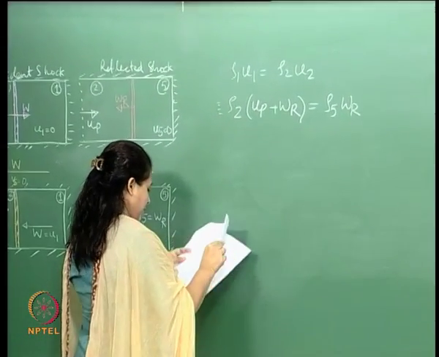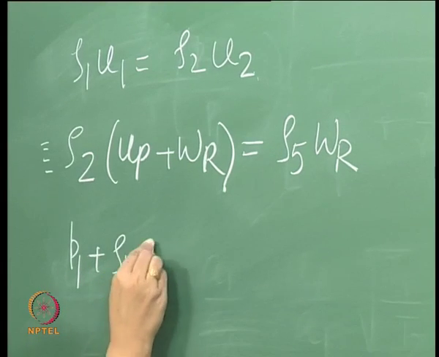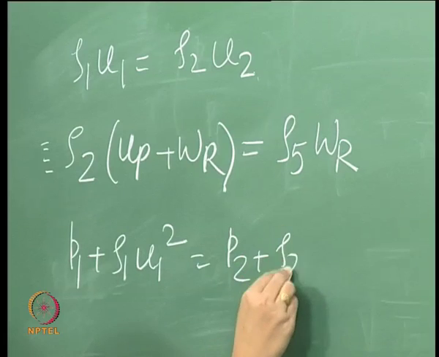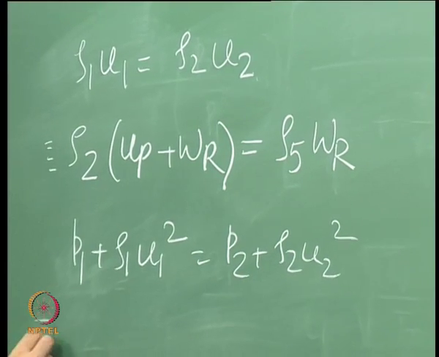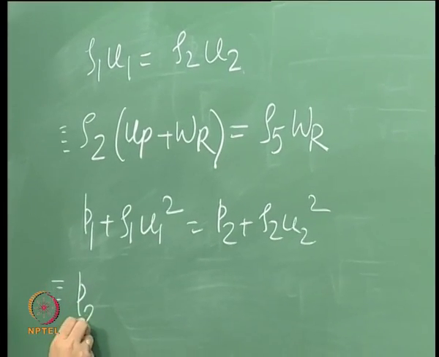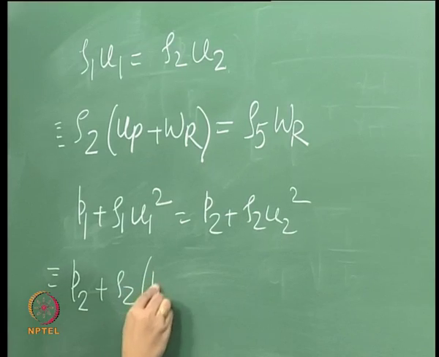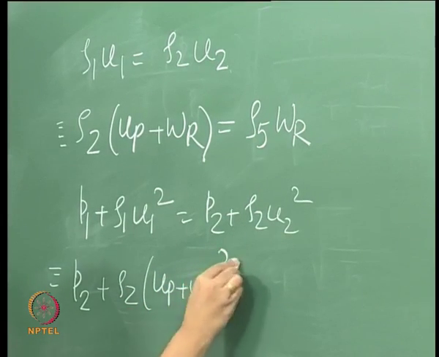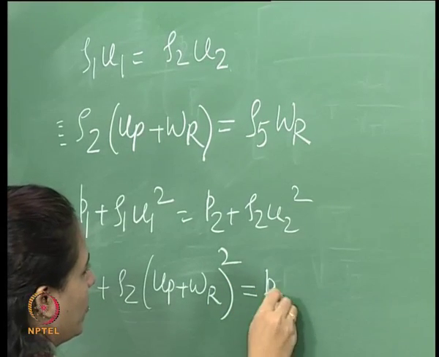Then we have the momentum conservation. So similarly, this then becomes P2, okay, and that is equal to P5.